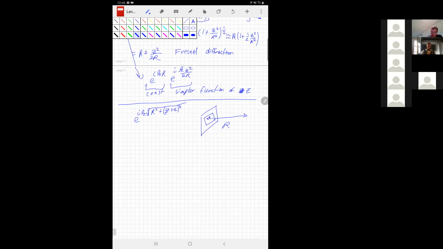And a, well, the way I've drawn it, let's just say that r is much bigger than a, which is much bigger than z. So z is really tiny, okay? It starts off being the same process. We have the square root of r squared times 1 plus the thing we were squaring.